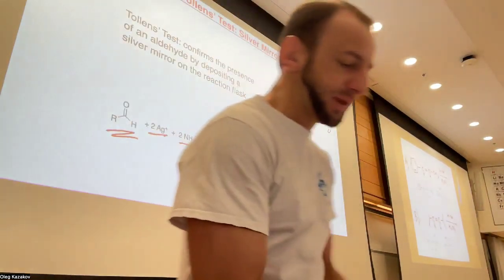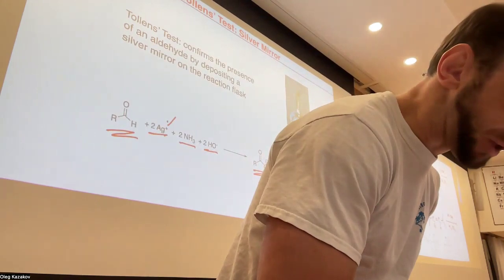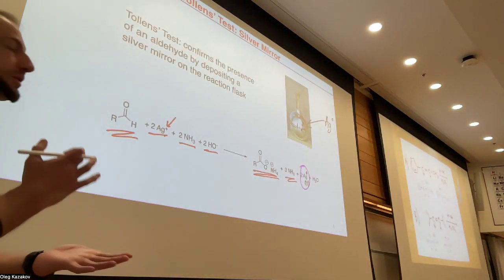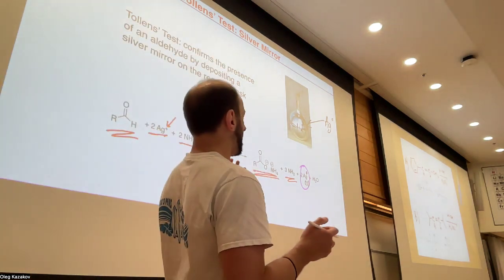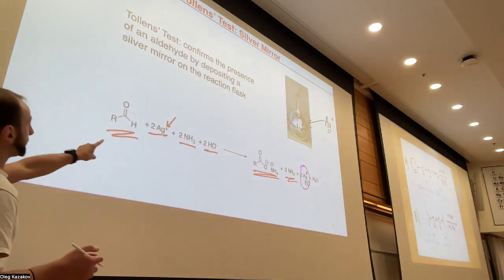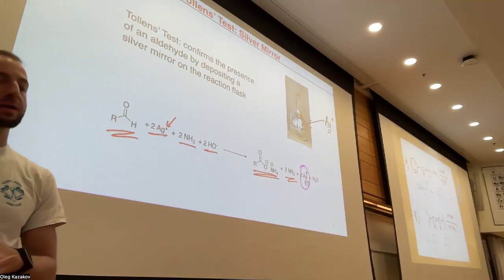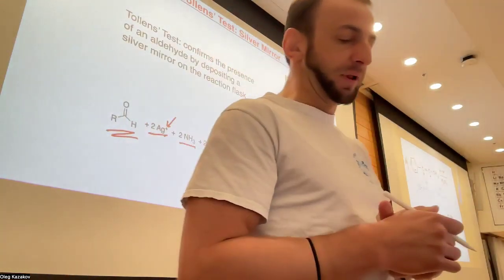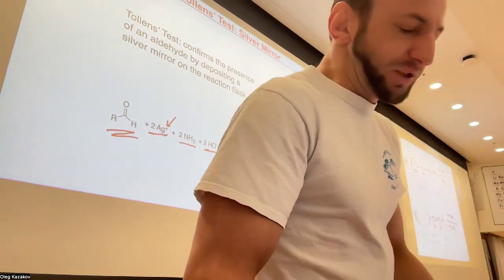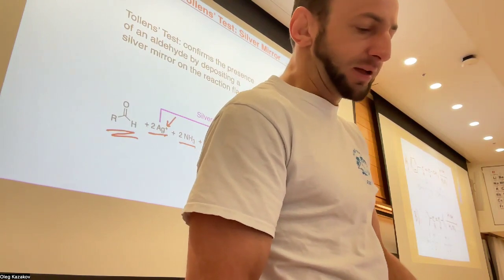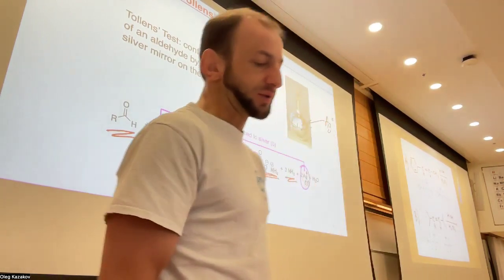As opposed to this case, pay attention: here you have Ag plus, the cation of silver, which is not the same as silver metal. Ag plus versus Ag is a big difference in terms of the charge. And it works specifically with aldehydes. Silver 1 gets reduced to silver 0.